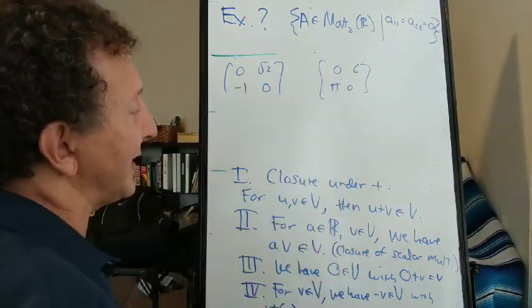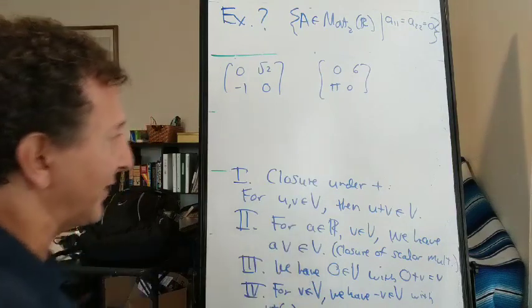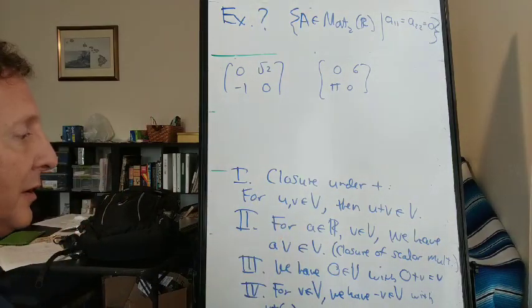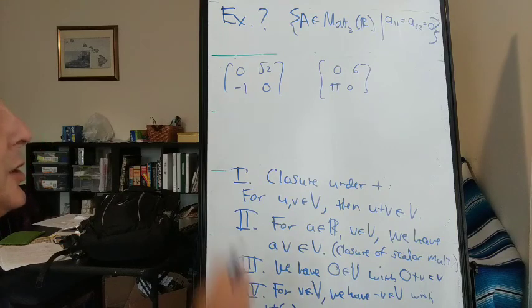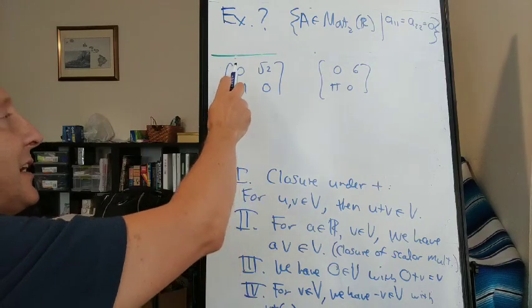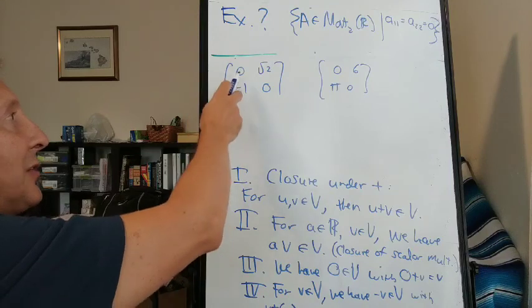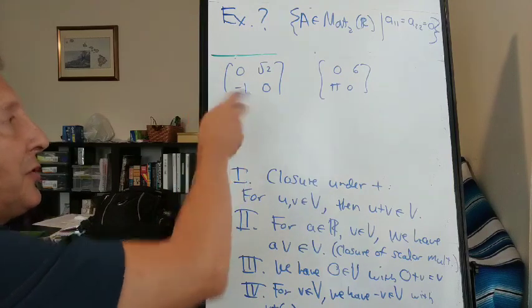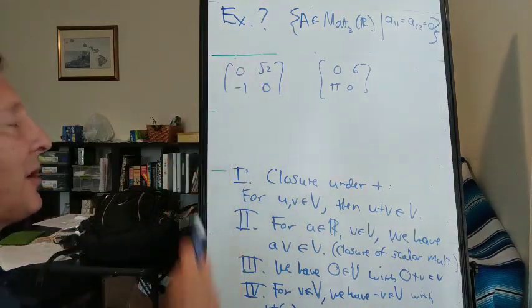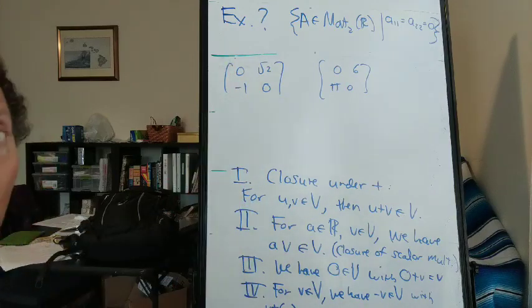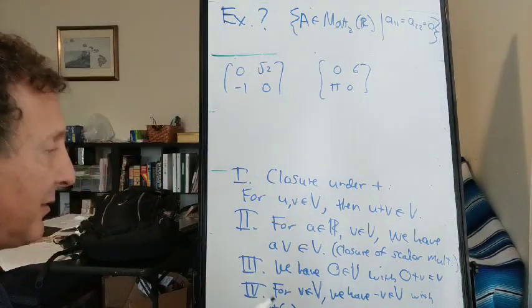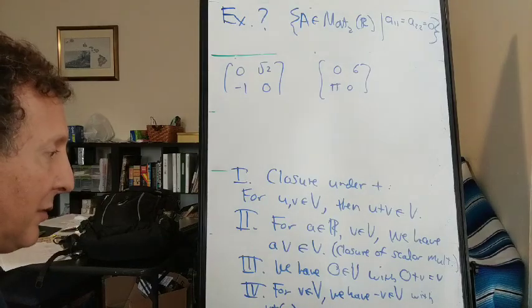No matter what's off the diagonal, we're guaranteed to get zeros on the diagonal, so they're closed under addition. If we multiply by a scalar, no matter what the scalar is, on the diagonal we're still going to have zeros because scalar times 0 is 0. So anything could happen off the diagonal, but we definitely are going to have zeros on the diagonal. So that's closed under scalar multiplication.